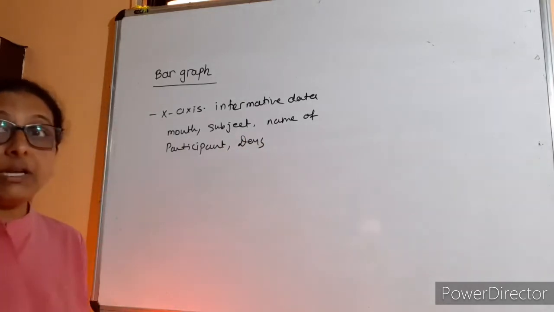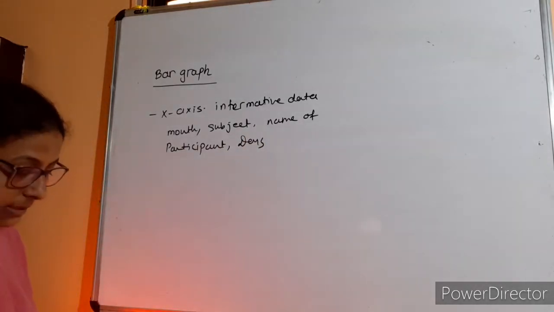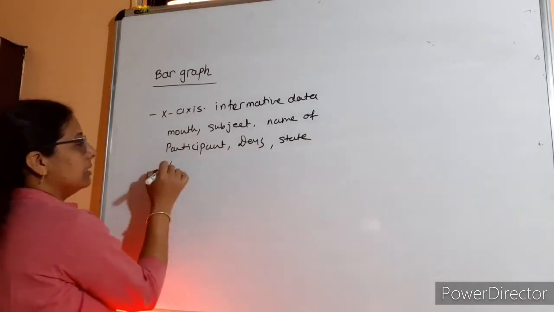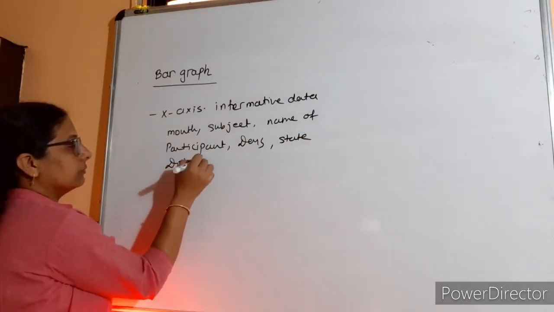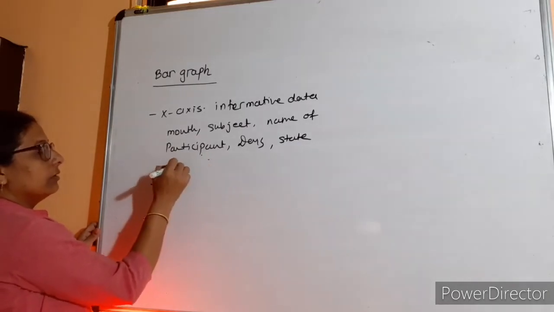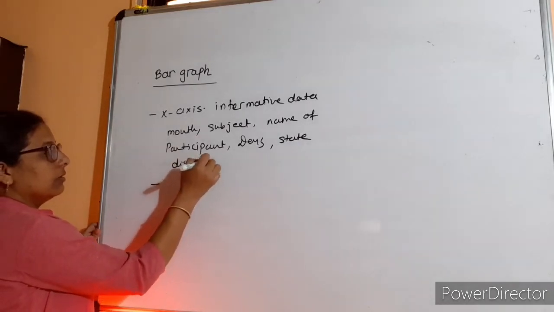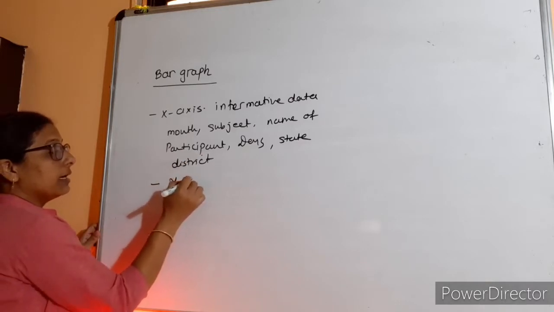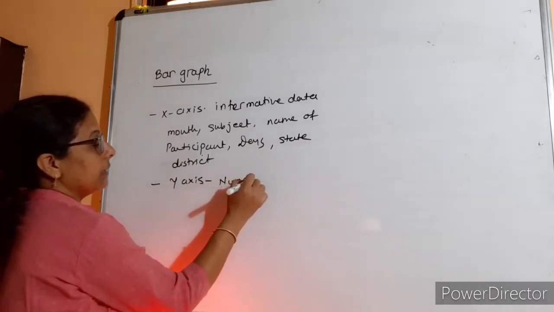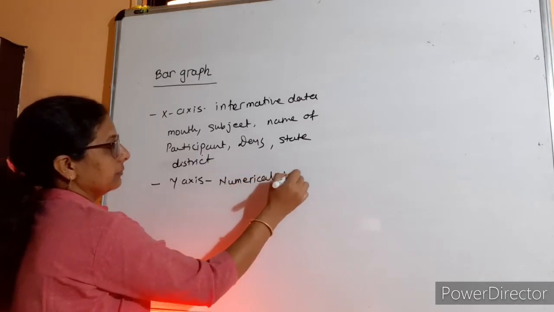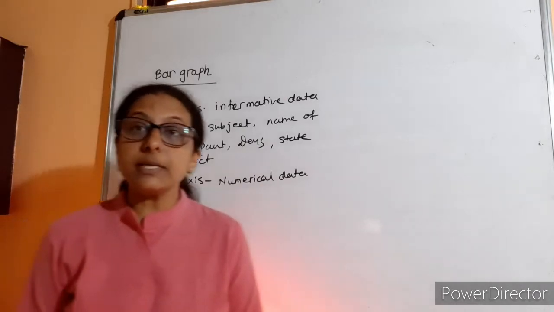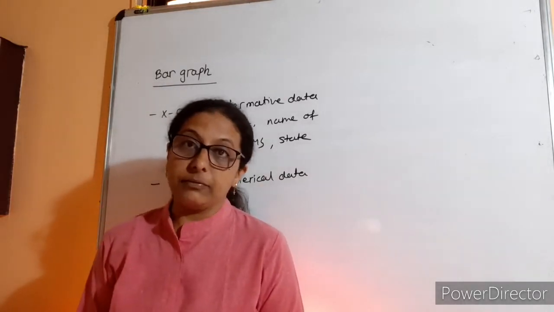This informative data will take on the x-axis, while you can say state, district, while on the y-axis we will take numerical data. This is the most popular way to represent the data on the bar graph.